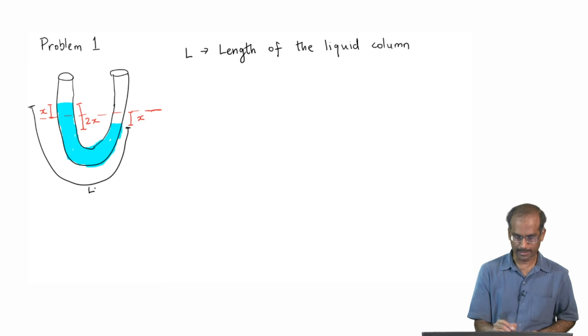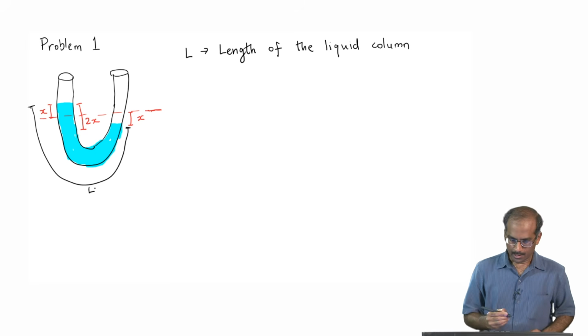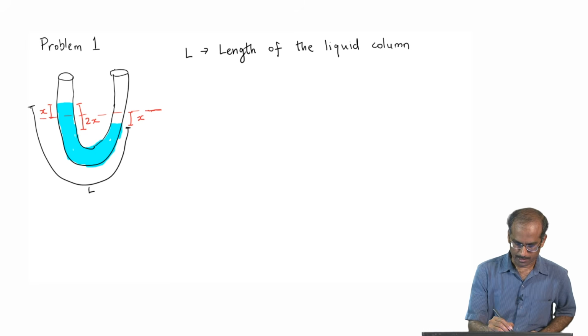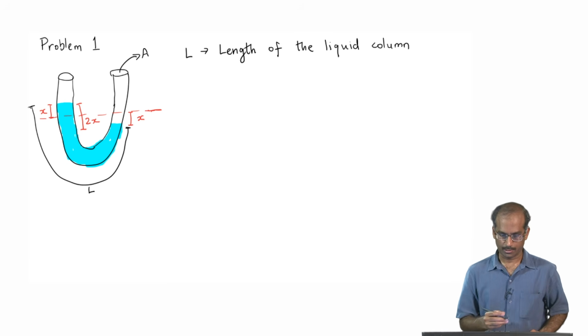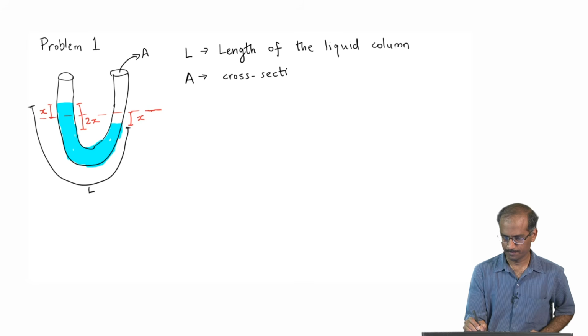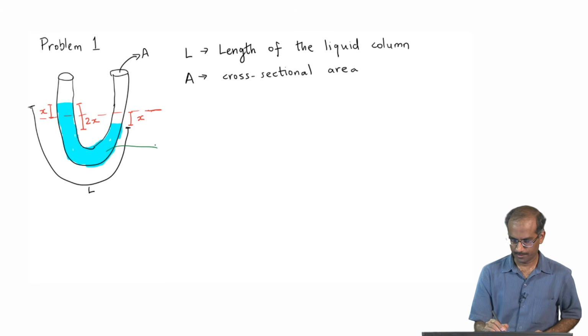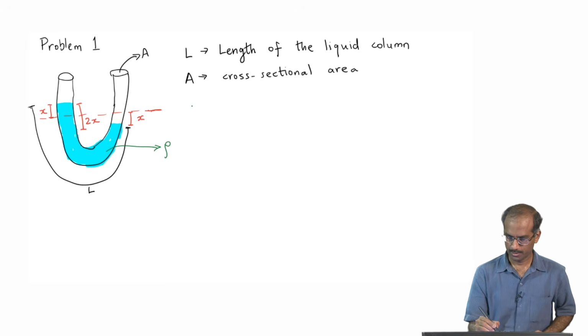So, this is the length if you sort of make it horizontal, and let us also assume that the cross sectional area of the tube is A. Let us assume that this liquid has density rho.